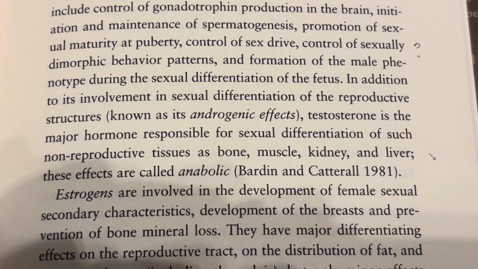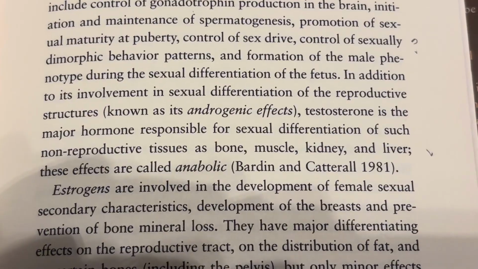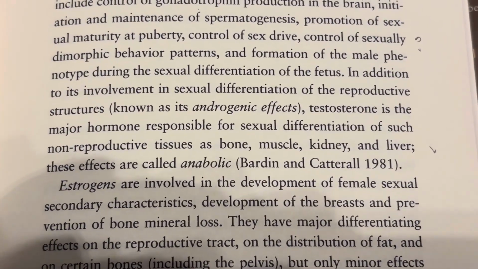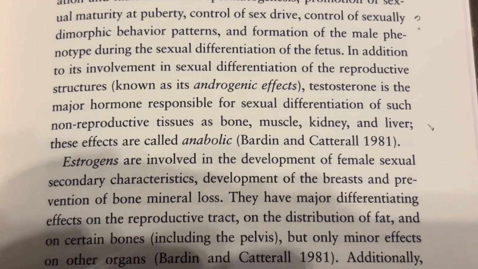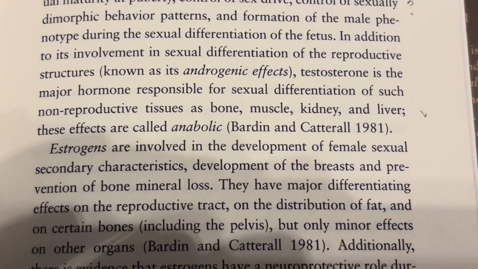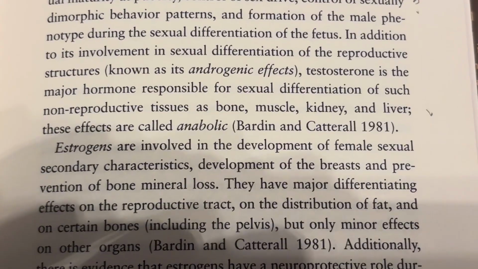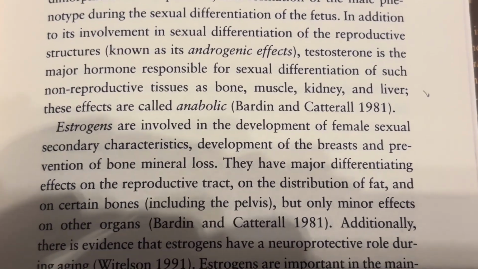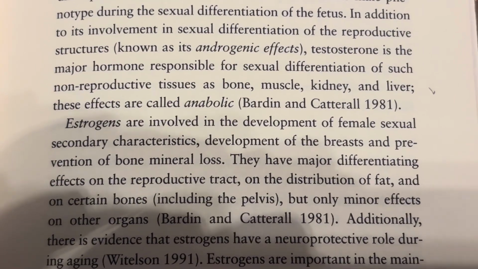In addition to its involvement in sexual differentiation of the reproductive structures, known as its androgenic effects, testosterone is the major hormone responsible for sexual differentiation of such non-reproductive tissues as bone, muscle, kidney, and liver. These effects are called anabolic.